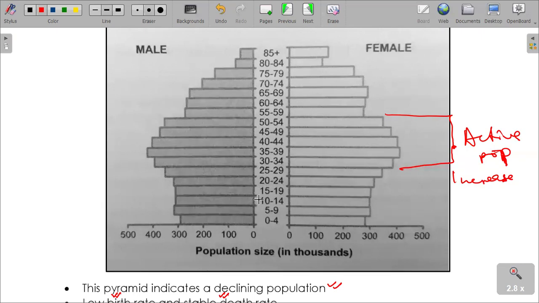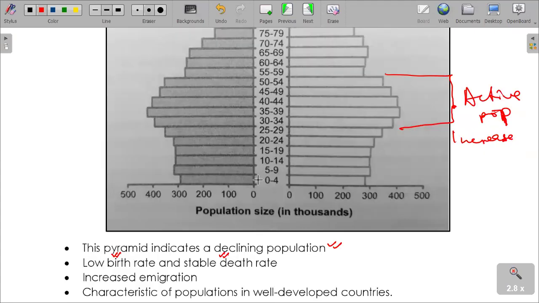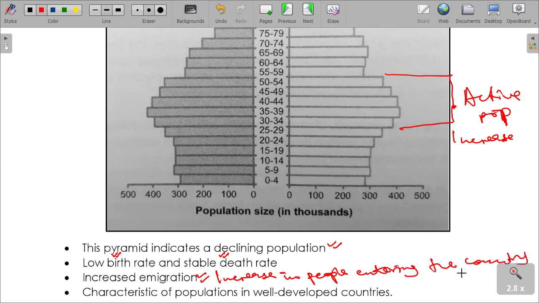And then we can also look at other factors such as increased immigration, like we said, an increase in people entering the country from other countries.